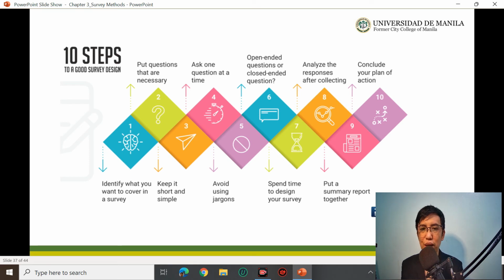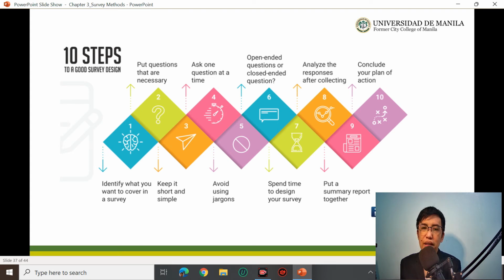So, once that you're able to construct your questionnaire, you need to subject it for validation and reliability analysis. Kasi, number 1, validity is that we would like to determine or we would like really to know if the construct or the indicator that we would like to measure is that indicator.